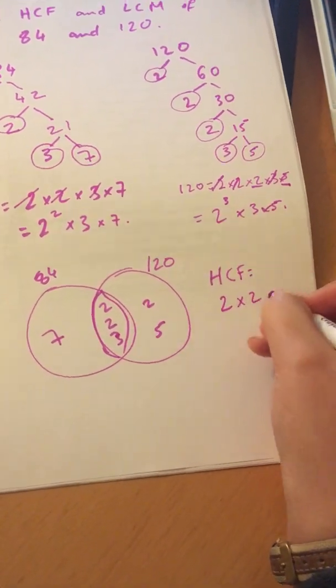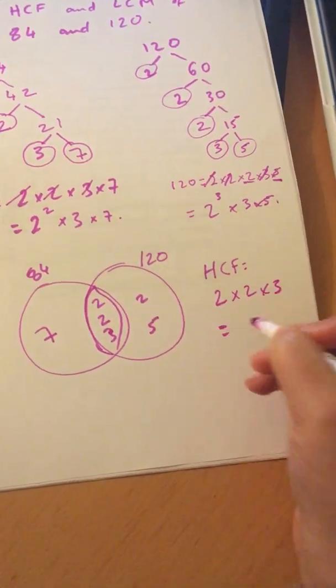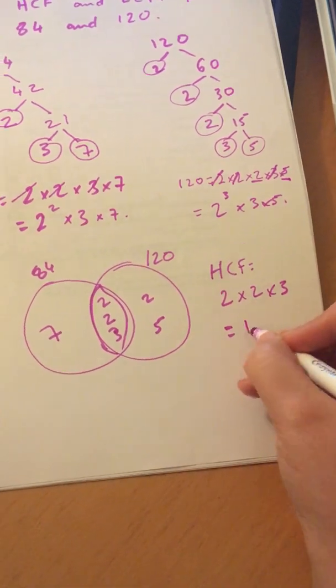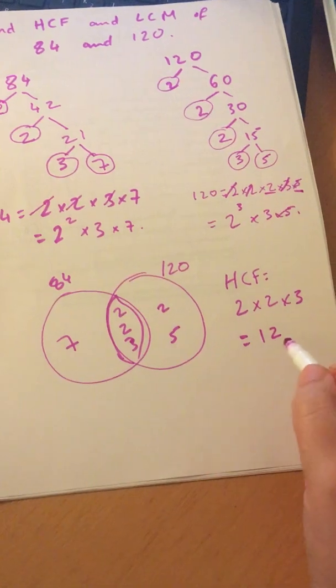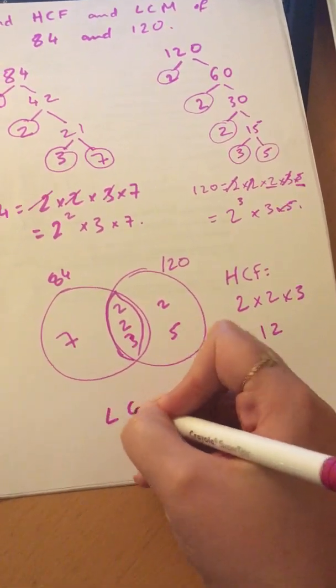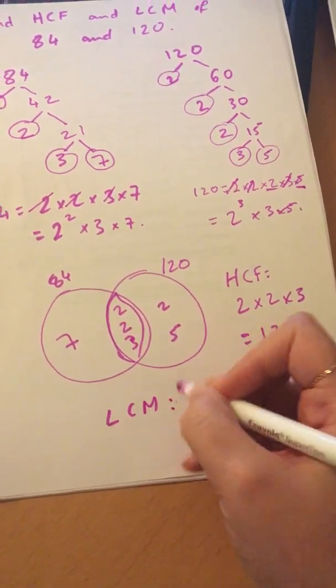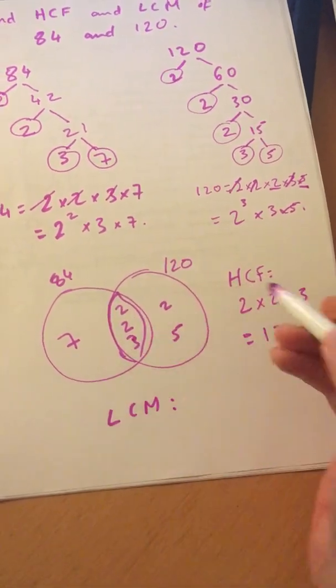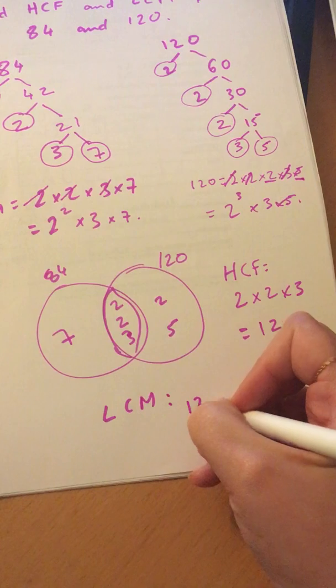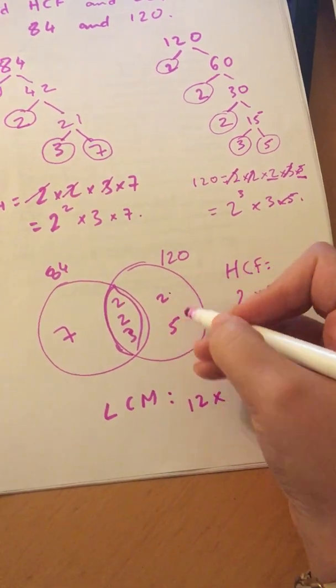2 times 2 times 3, that gives me 4 times 3, 12. So the highest common factor of 84 and 120 is 12. The lowest common multiple is all these numbers multiplied together. These three I've already multiplied together, it's 12, so 12 times the rest of them.